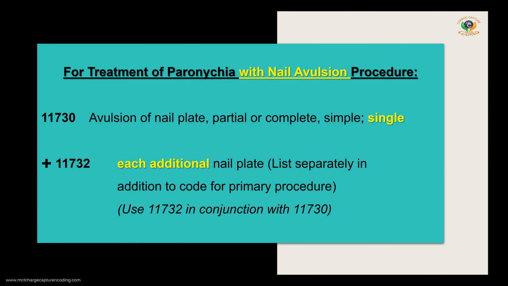If your provider can sufficiently treat paronychia with only the nail avulsion procedure, bill and report the procedure with CPT code 11730 plus the add-on code 11732 if more than one toenail plate is involved, because remember, this too should not be reported as an incision and drainage procedure either.